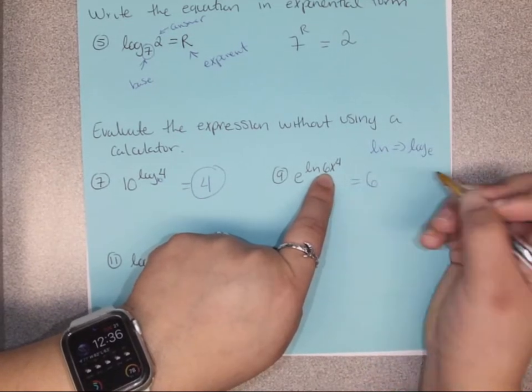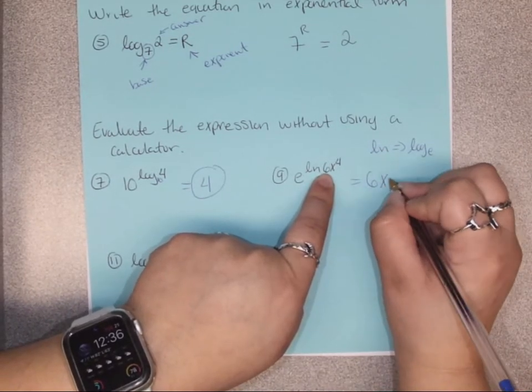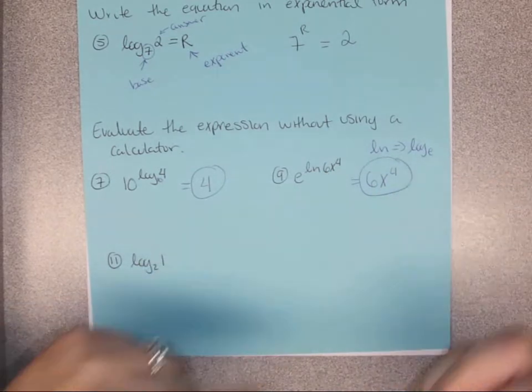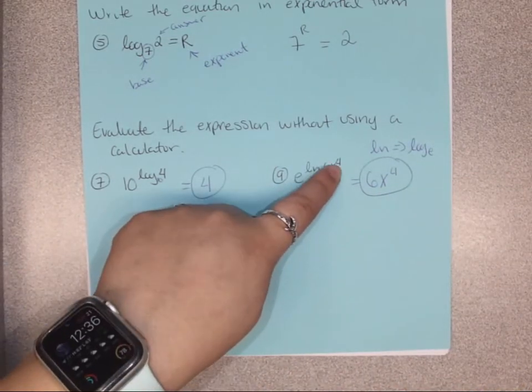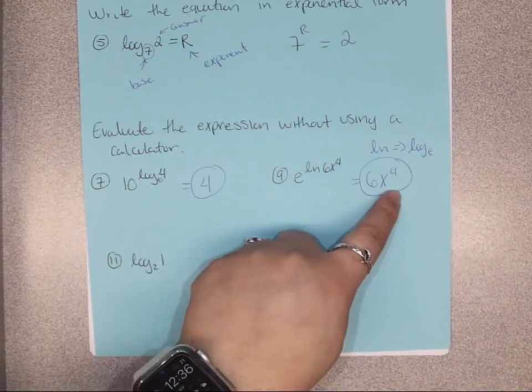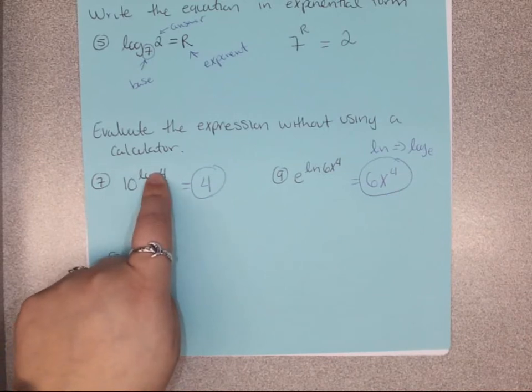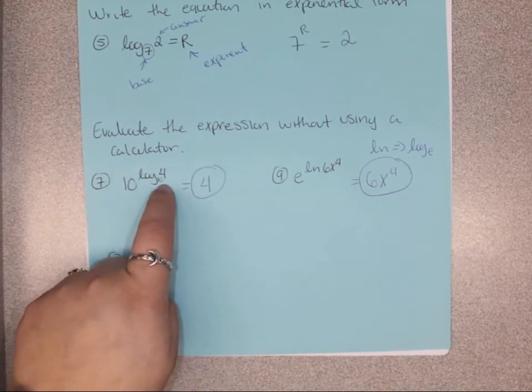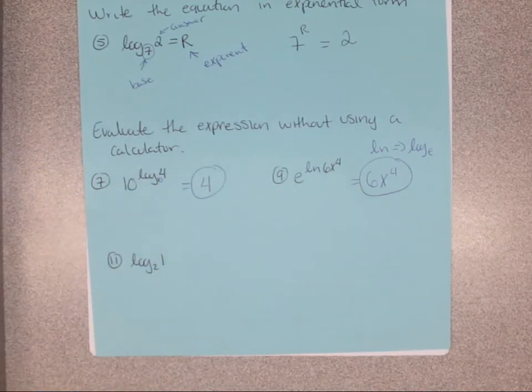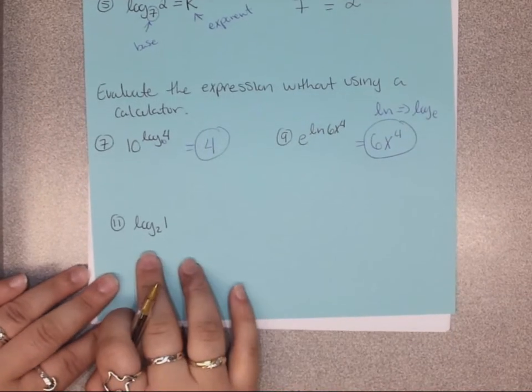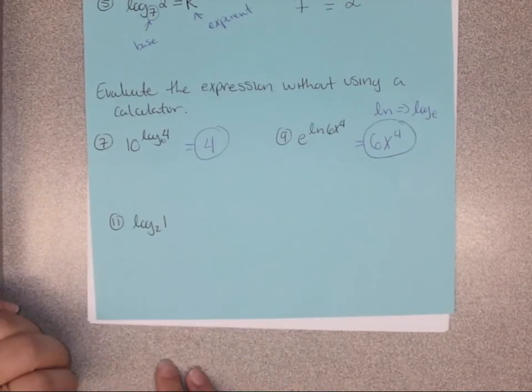So our answer is going to be 6x to the power of 4. E to the natural log of something is just going to be whatever's in there. A base raised to the log of the same base is just going to be whatever it is here. And now we're dealing with log base 2 of 1.